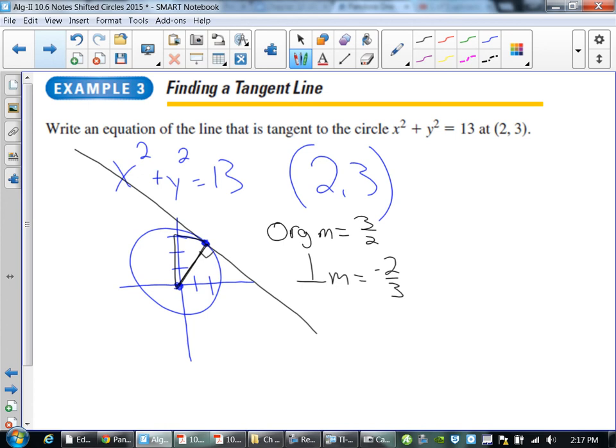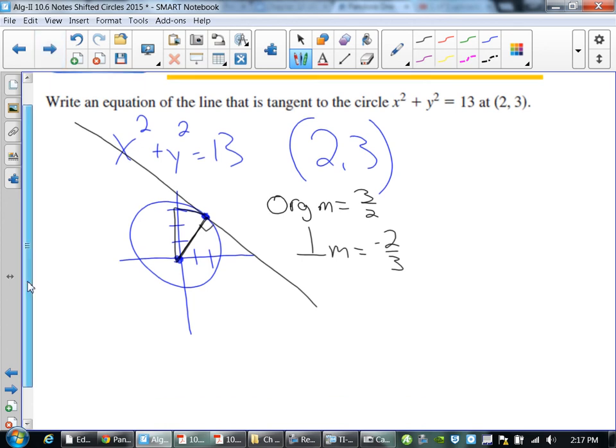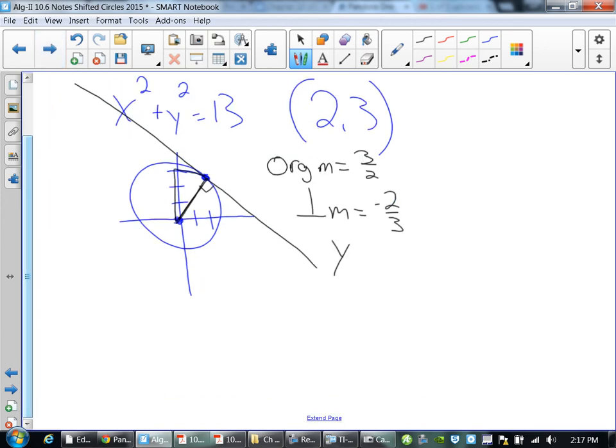So in other words, there's a little form called point slope form that you'll use. Point slope is your first thing of h and k. Isn't that y minus k equals m times x minus h? Yes.